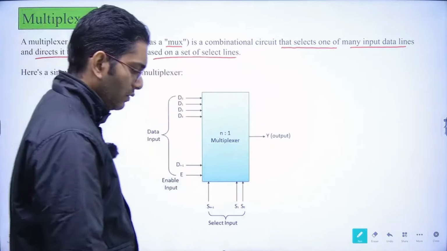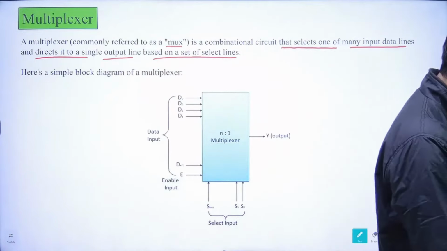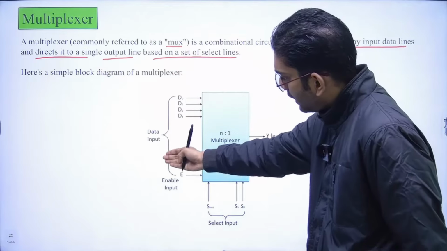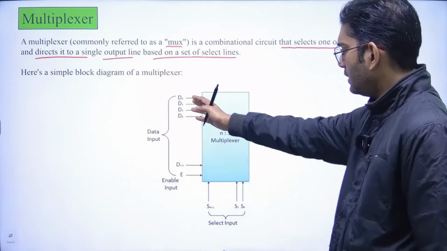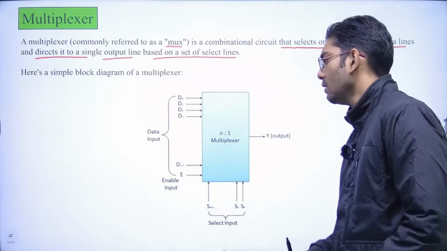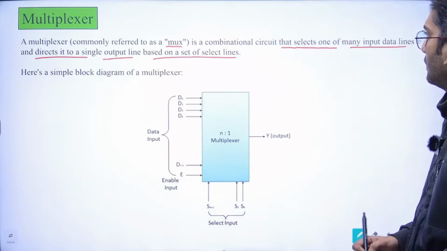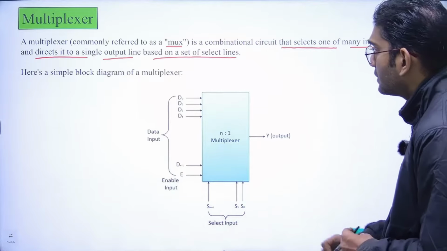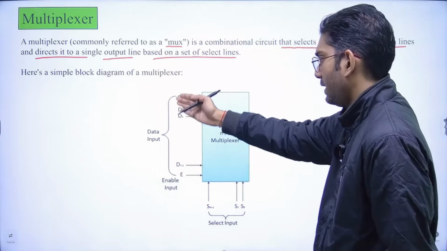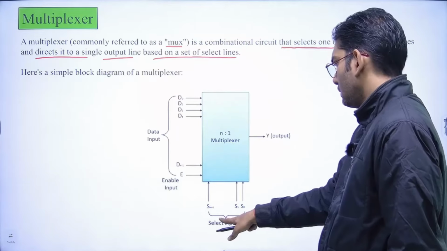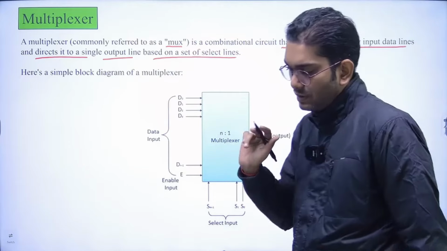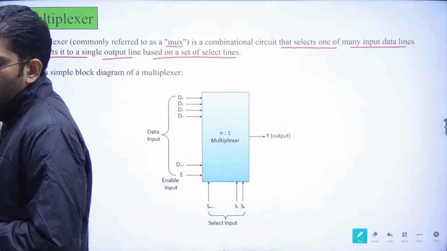In this multiplexer, various input data lines are present, and some select lines are present at the bottom side. It selects one of the data input lines based on the select lines and directs that input to the output. This is the basic function of the multiplexer.